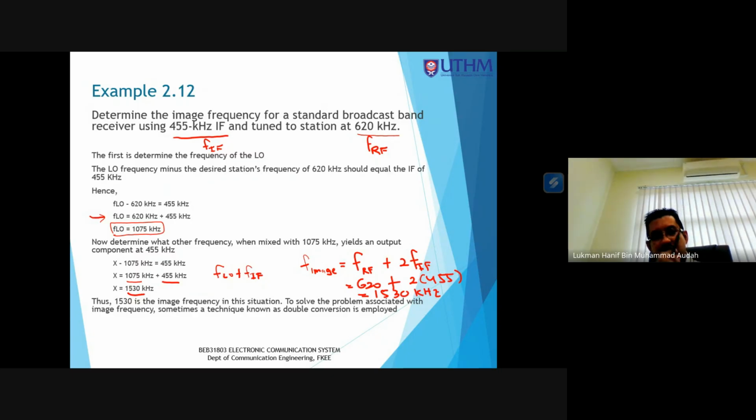So if I try 455 times 2 and then plus 620, I get 1530 kilohertz. Same answer. Okay, next.